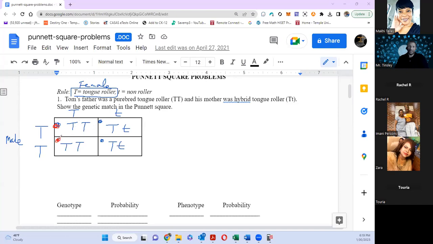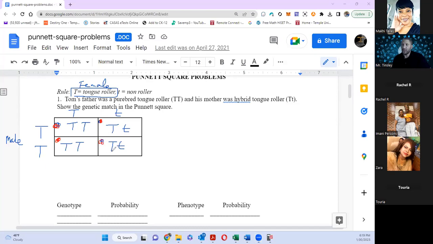If they get these genes, would it be a tongue roller? Yes. If they get these two genes, will it be a tongue roller? Remember what I told you. The dominant gene takes over. Yes, so it'll be a tongue roller, and this will also be a tongue roller.